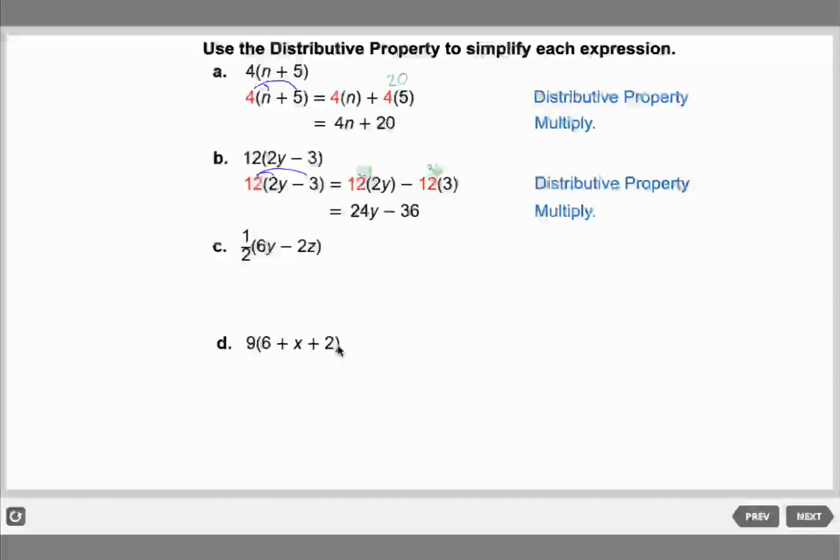Okay, let's move to the next one. Rawi? Go ahead. Half times 6y minus 2z. You skipped the 6y.